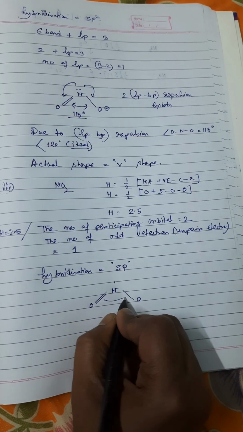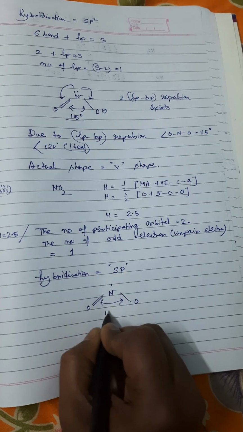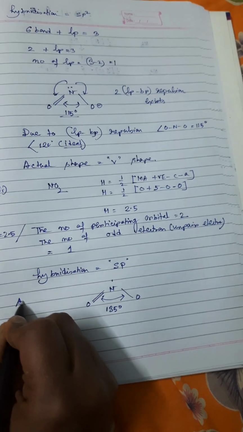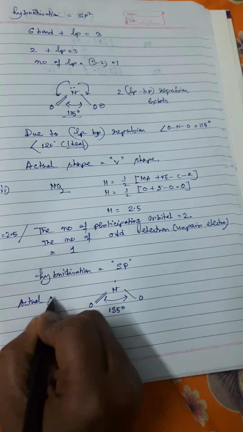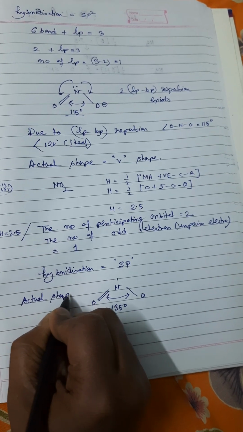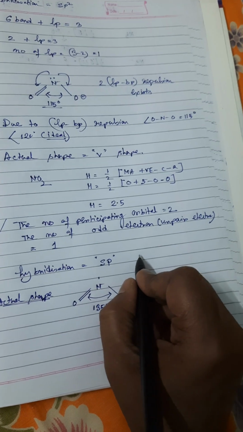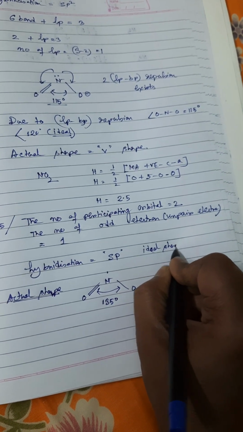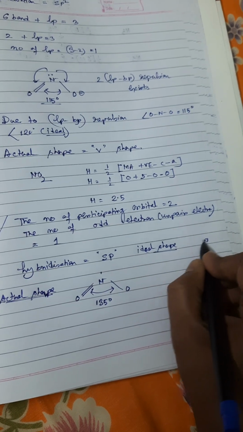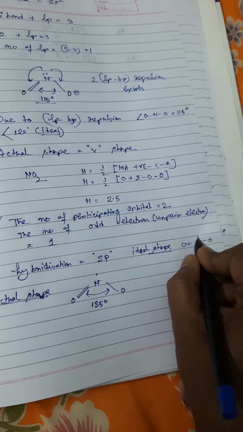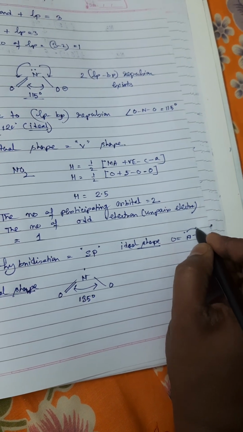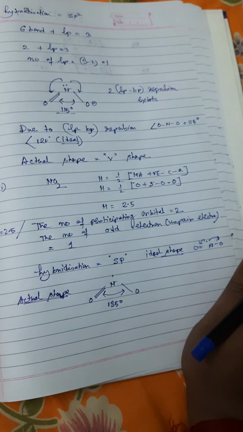And look, the bond angle here, this is 135 degrees. The actual bond angle, actual shape. Why? Because here a repulsion exists. The ideal shape will be like this, the linear shape. The ideal shape will be linear, but here single electron and bond pair repulsion exist.